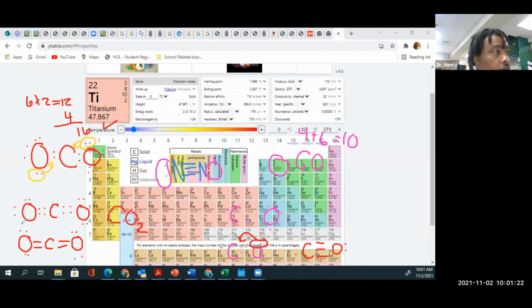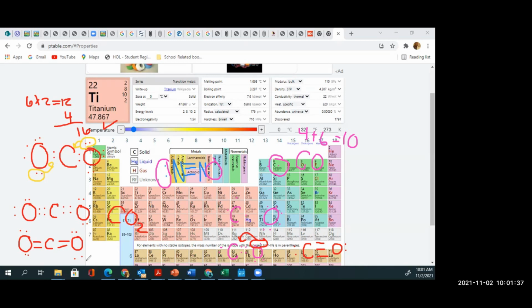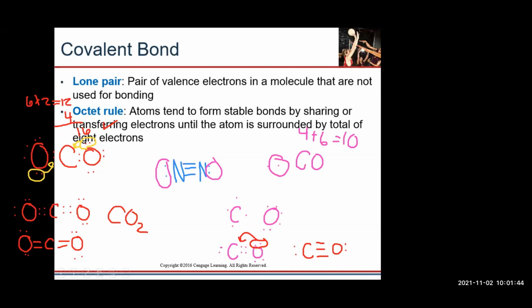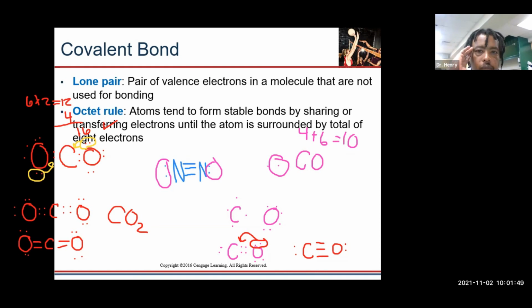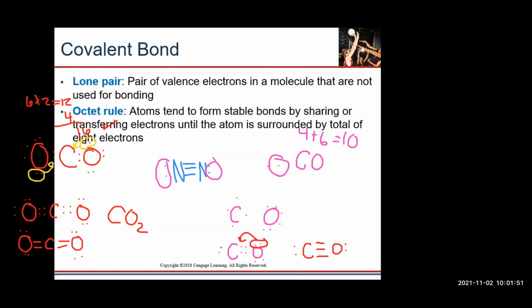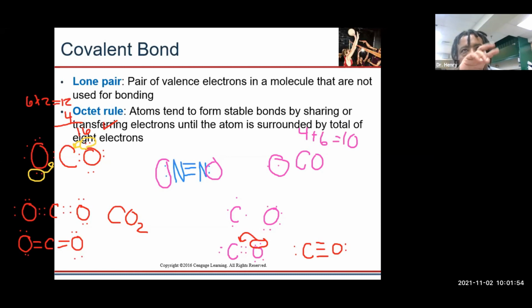So that's 2, 4, 6, 8 around this oxygen, 2, 4, 6, 8 around carbon, and 2, 4, 6, 8 around this oxygen. Everybody's happy. Piece of cake? Good. Because the end result is just what you want to get from what you started out with, right? And making sure that everybody has 8 around them except for hydrogen, which only wants to have 2 around it.